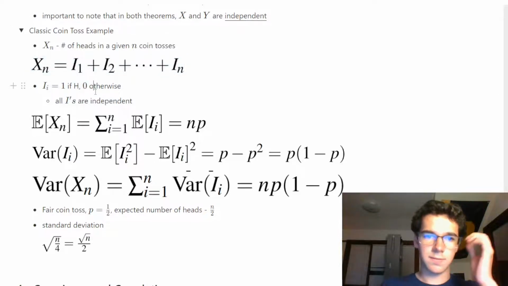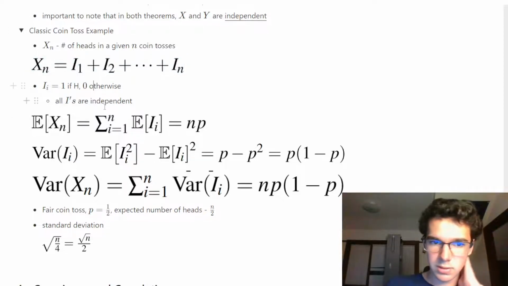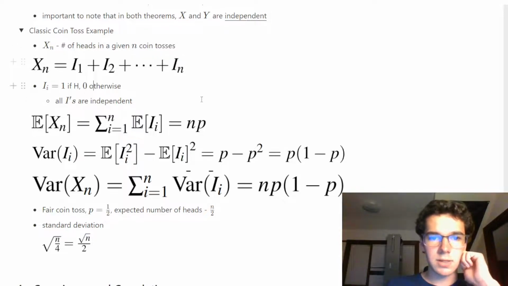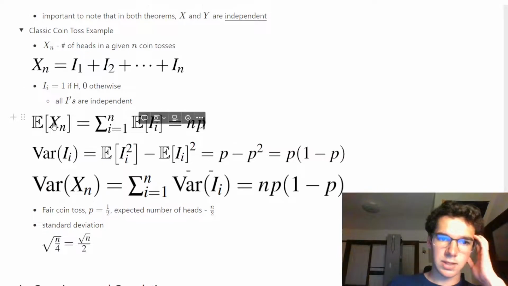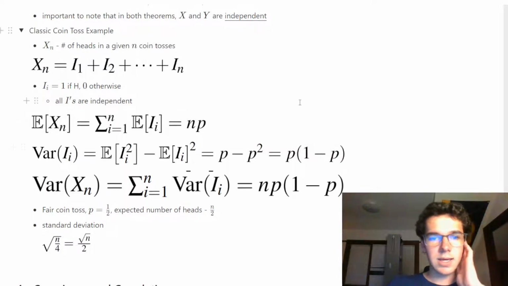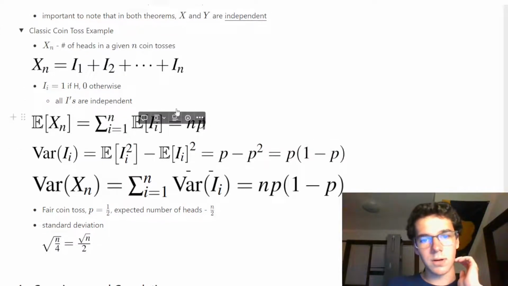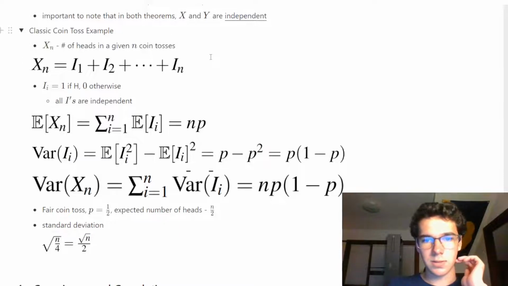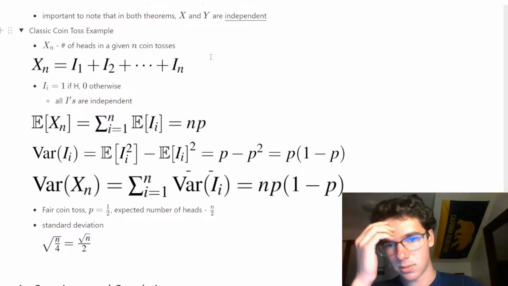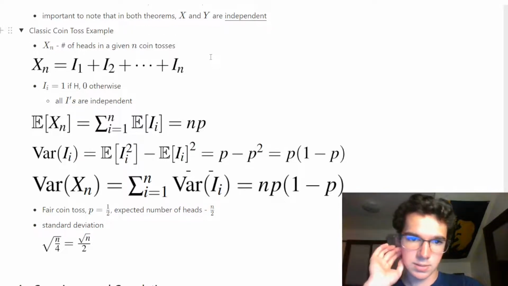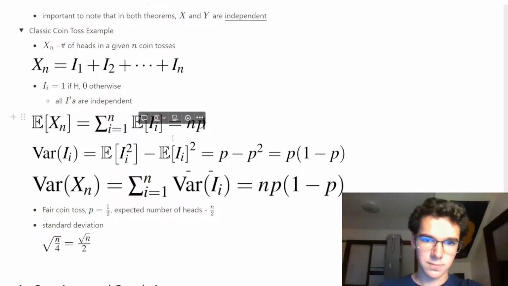Otherwise, if it's 0, then we got tails. We have to remember that all of these are independent, and so we can treat the expectation of x sub n as the sum of all of these independent variables. And we'll see that that actually totals to n times p, which we sort of already know.